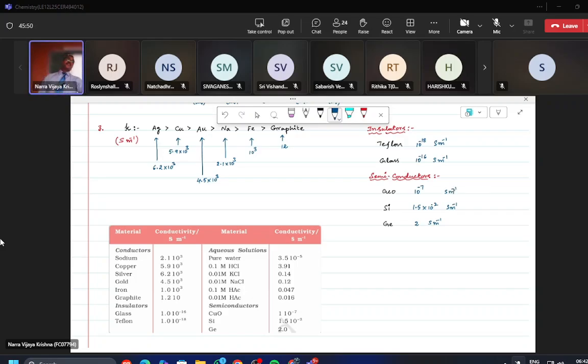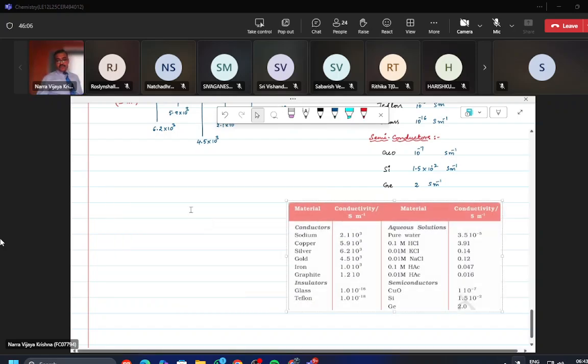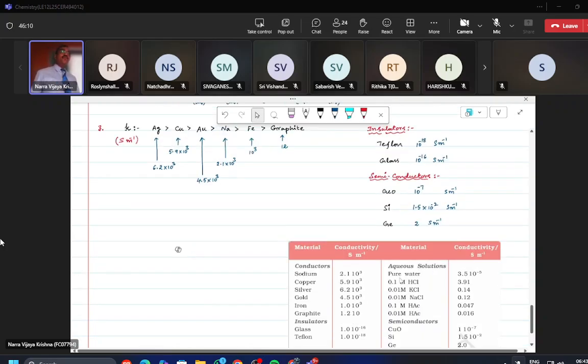Any questions? Clear or not? Now come to another point. The semiconductor part and insulator part, all these three are over. Now coming to aqueous solutions. Among all of them, which has the lowest value of electrical conductance? Pure water. So pure water is a bad conductor of electricity.